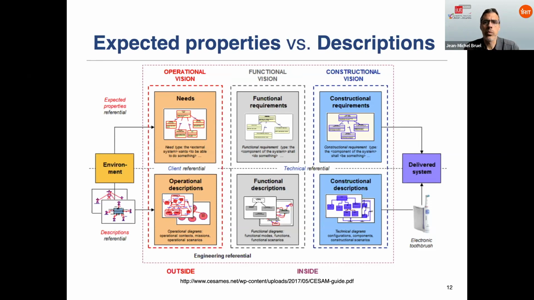What I like in this slide, just to remind you, is that you have expected properties that you want in your system, which will lead to requirements, and you have also descriptions. Descriptions can be models, they can be regulation rules and things like that.